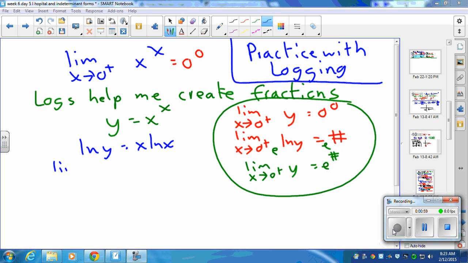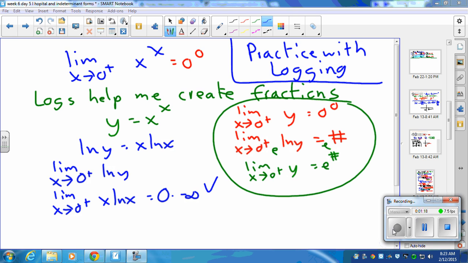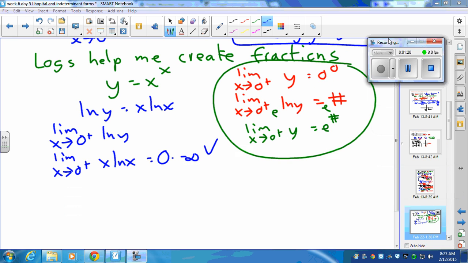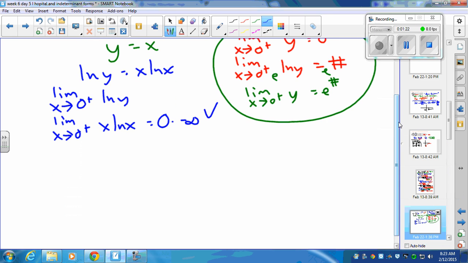I'm now going to be looking at the limit as x goes to 0 from the right of ln of y, which is the same as the limit of x ln of x. And as you go to 0 from the right, you're getting 0 times negative infinity, which is indeterminate. So we're going to force a fraction.